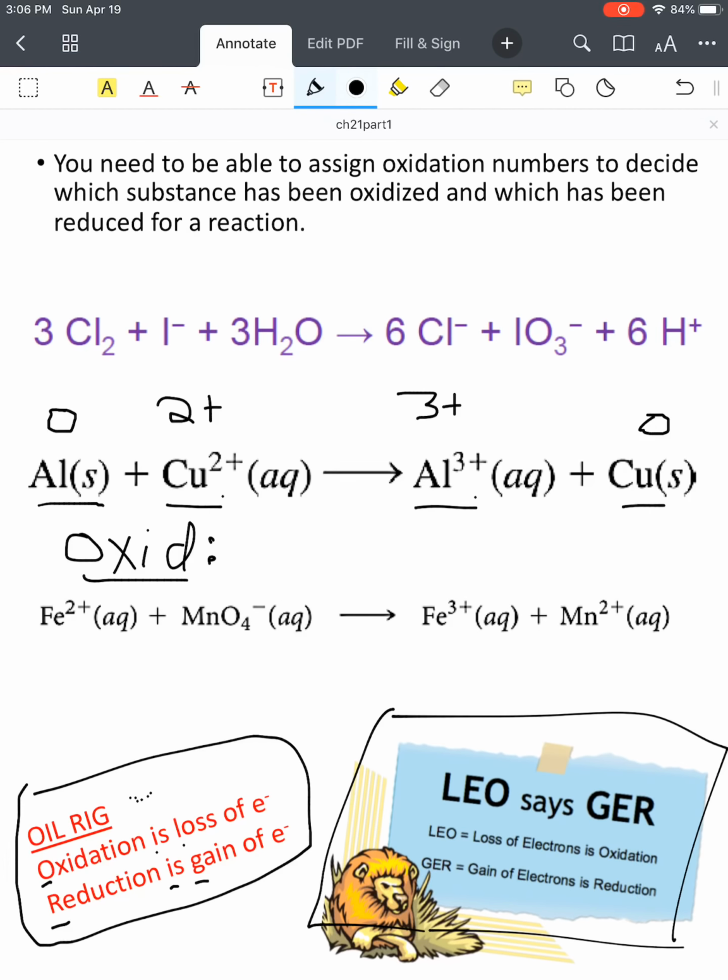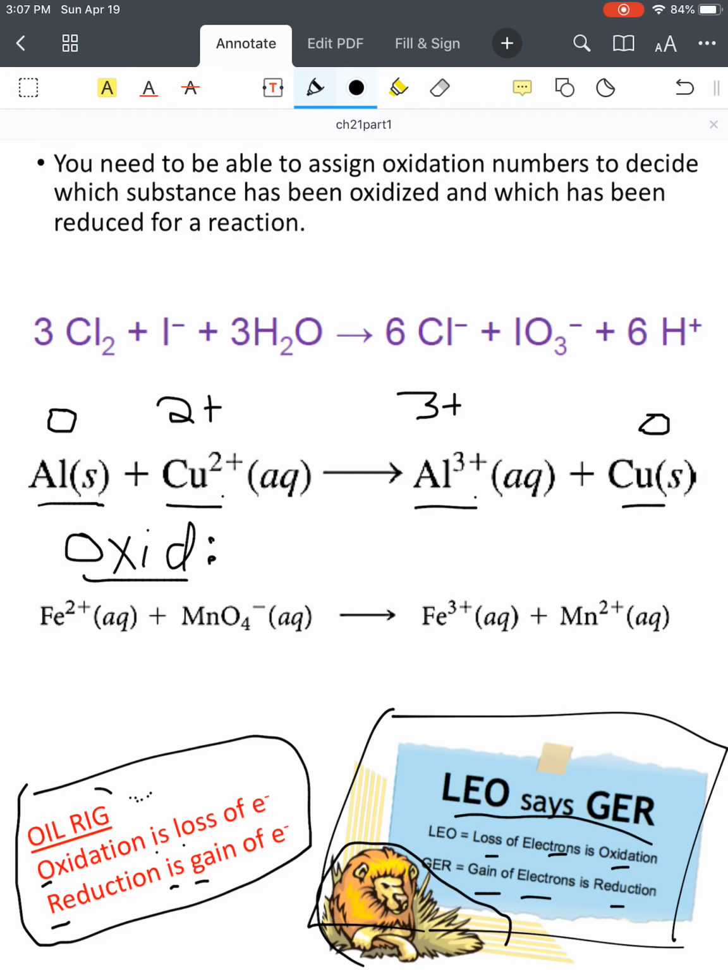You might also choose to remember Leo the tiger. Leo says grrr. Leo, loss of electrons is oxidation, and gain of electrons is reduction. So there are a number of different ways you can remember this. Maybe you can remember the Leo says grrr, or perhaps you use the oil rig. But either way, that kind of helps you figure this out.